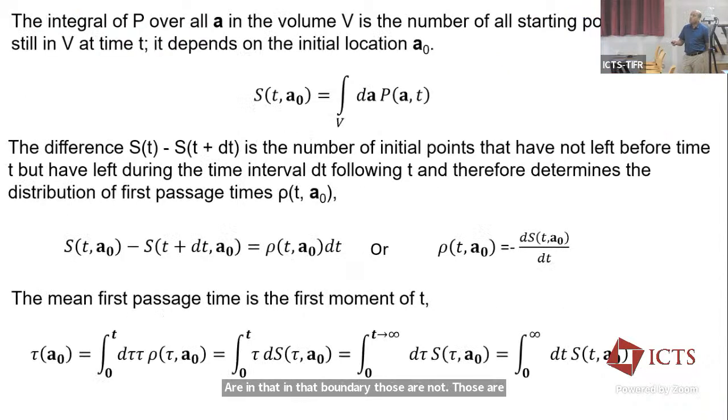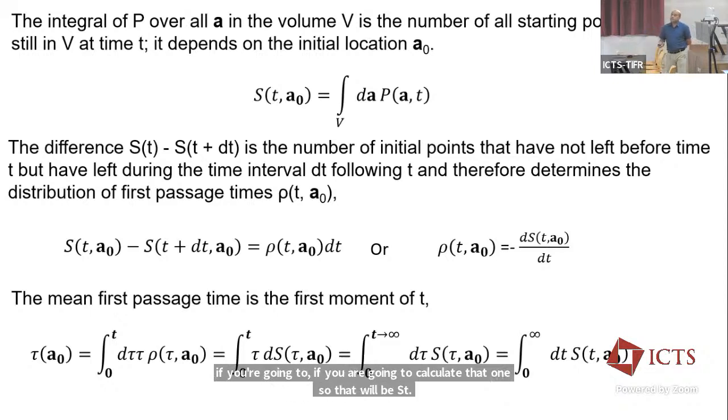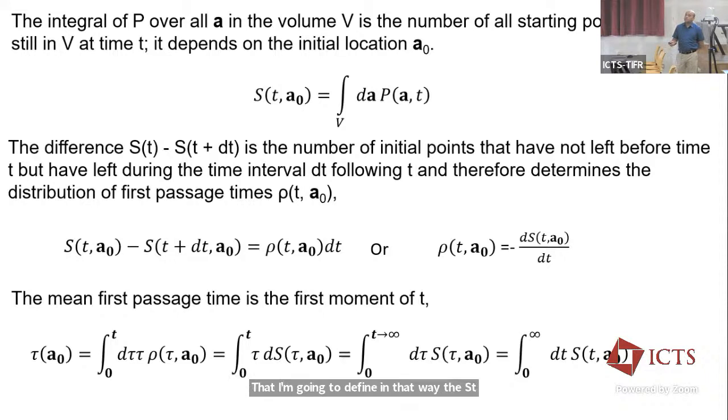So I define S(t) as the number of points: if you integrate P(A,t) over all space, that will be the number of points present at time t, those not yet left through the boundary.